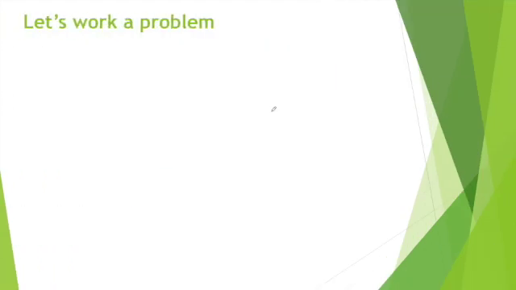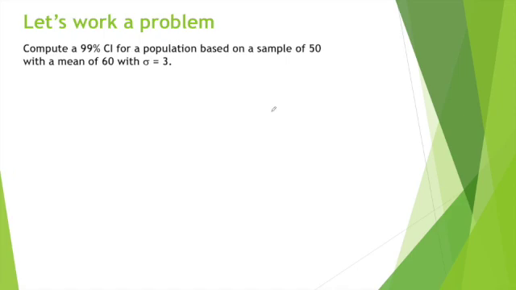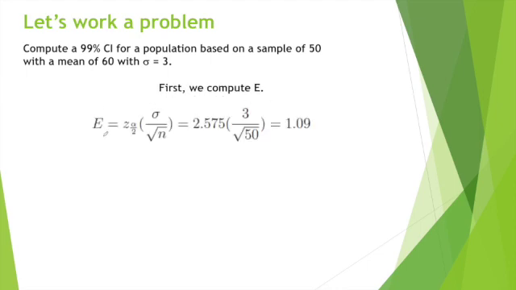So let's work out a problem. I want to compute a 99% confidence interval for a population based on a sample of 50 with a mean of 60 and a standard deviation of 3. So first we're going to calculate our error bound. Our error bound is our z sub alpha/2 times sigma divided by the square root of n.